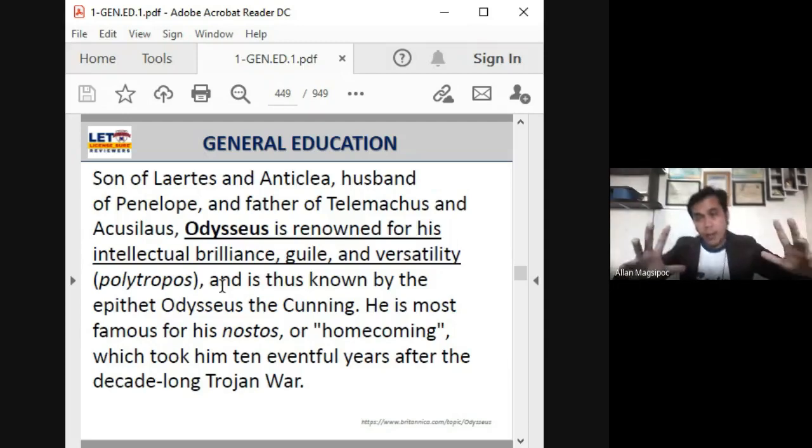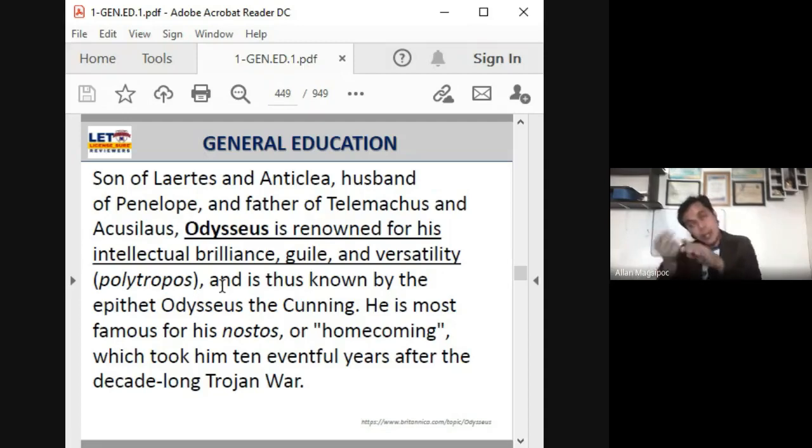Tapos everyday, kukuha yung Cyclops ng tao para kainin, almusal, lunch, dinner. Until such time na si Odysseus na lang ang natira. Pero before nangyari yun, nakatulog yung giant.